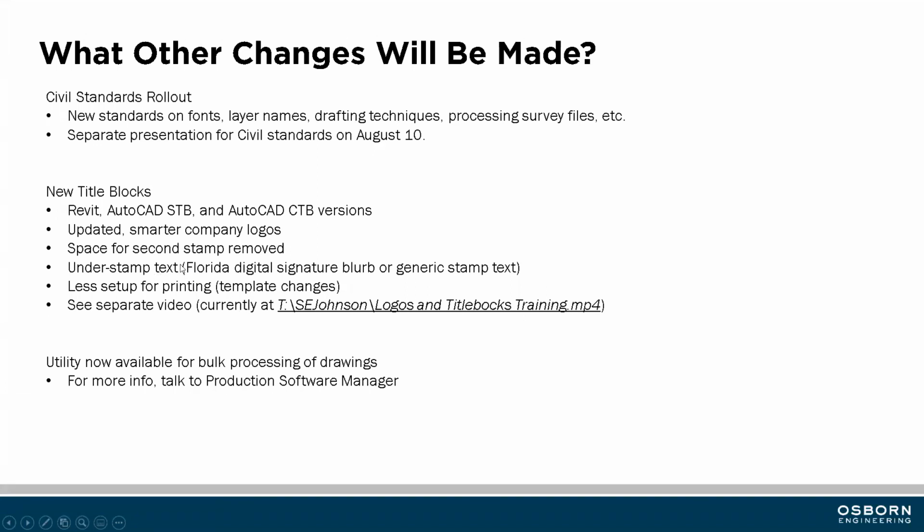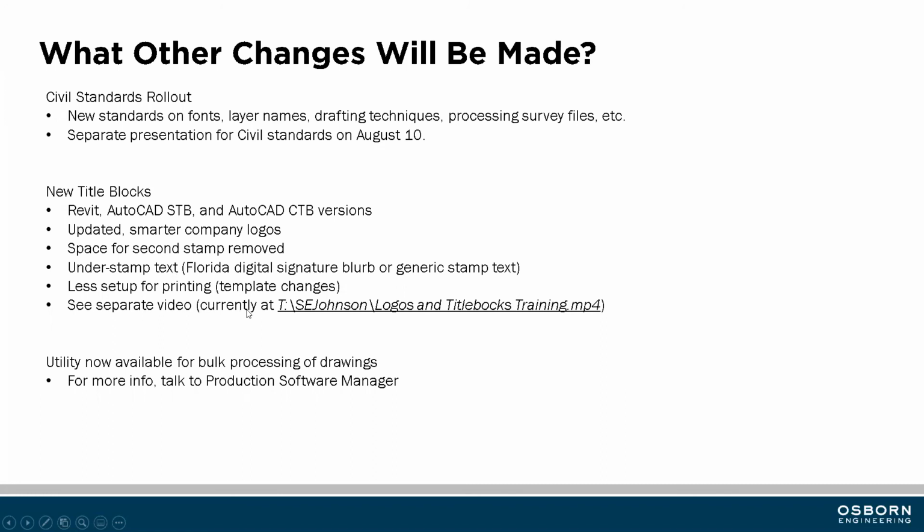We've added some mechanisms for putting in the text that goes underneath the PE stamp. The Florida digital signature blurb or a generic blurb for other states. And we've taken some care to streamline and preset more of the stuff in the print dialog box. So printing should go more smoothly for you.